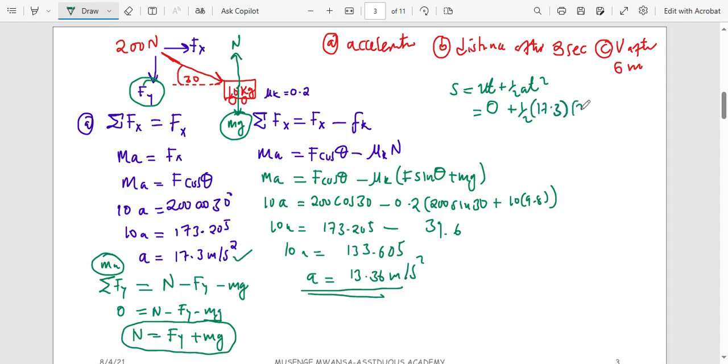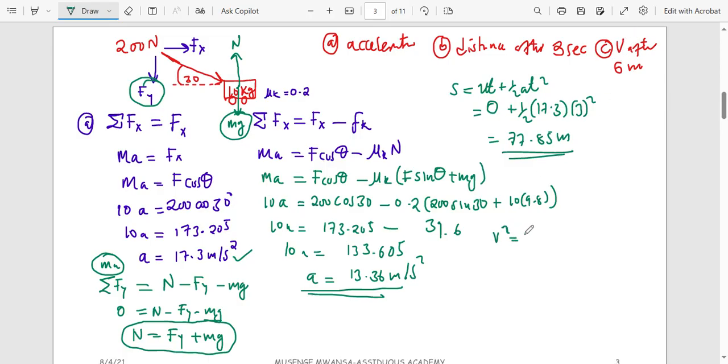We'll multiply by the time, which is 3, squared. So that would be 17.3 divided by 2, and then times 3 squared, which is of course 9. That would give us 77.85 meters.